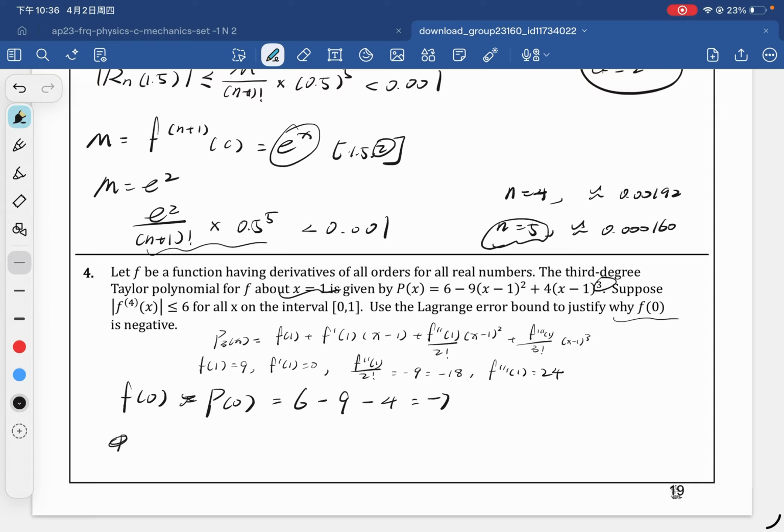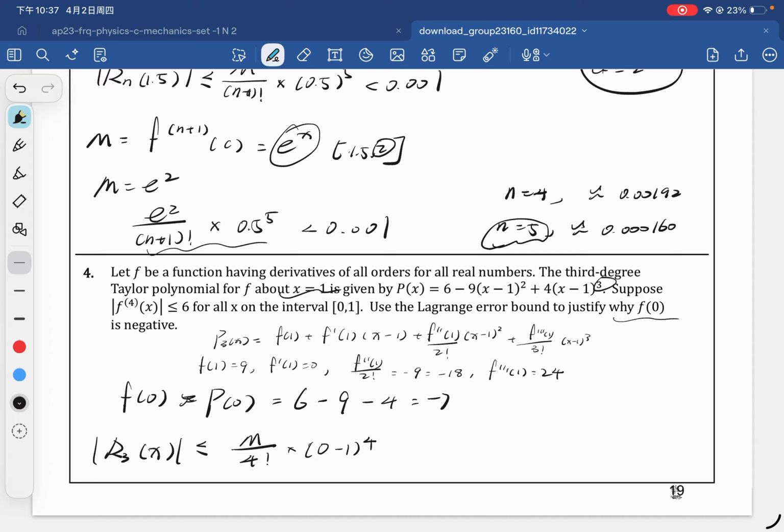So the error R3 of x, in absolute value, should be less than or equal to the max value divided by 4 factorial times (0 minus 1) raised to the power of 4.